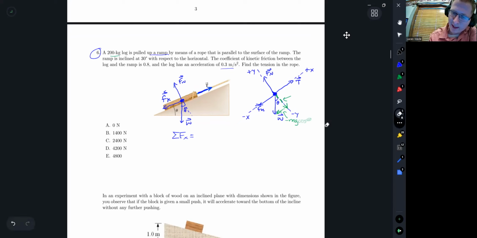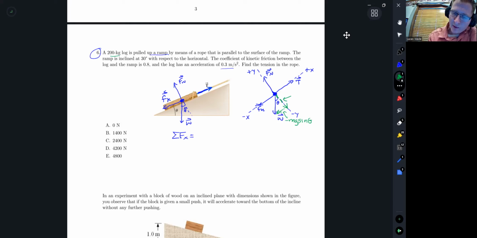That's not cosine, that's sine theta, because this side is opposite theta. So sine theta is opposite over hypotenuse, that's this side over the length of the hypotenuse. If you rearrange that, you get that the x component is mg sine theta, with the negative being because it's going to the negative x direction.